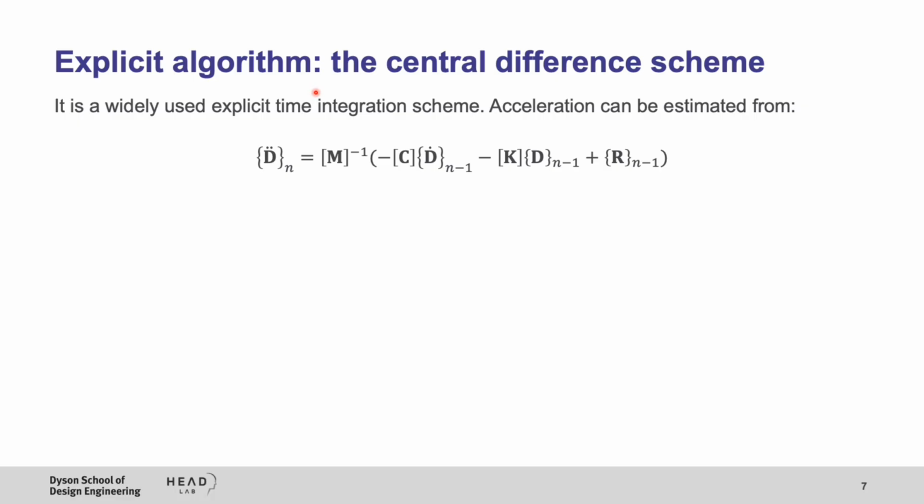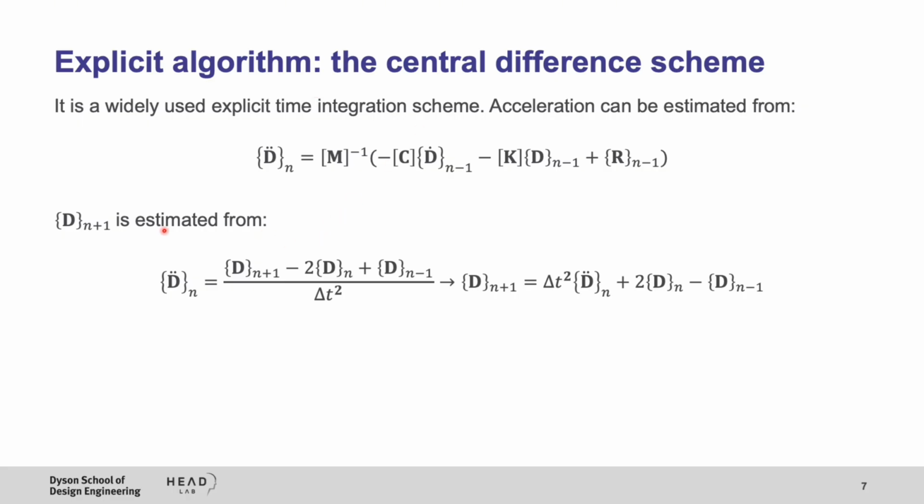Then the vector of nodal displacement at time n plus 1 can be found as shown here. So here is the central difference scheme, and from that we can work out the vector of nodal displacements at time d n plus 1. And here's the vector of nodal velocities at time n, which can then be evaluated from this equation.